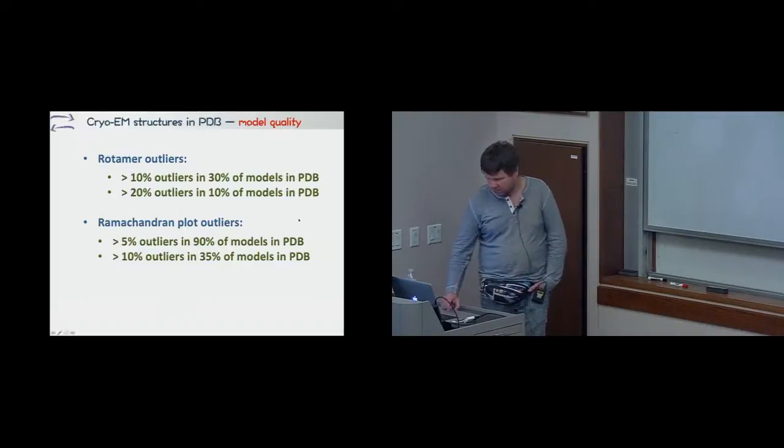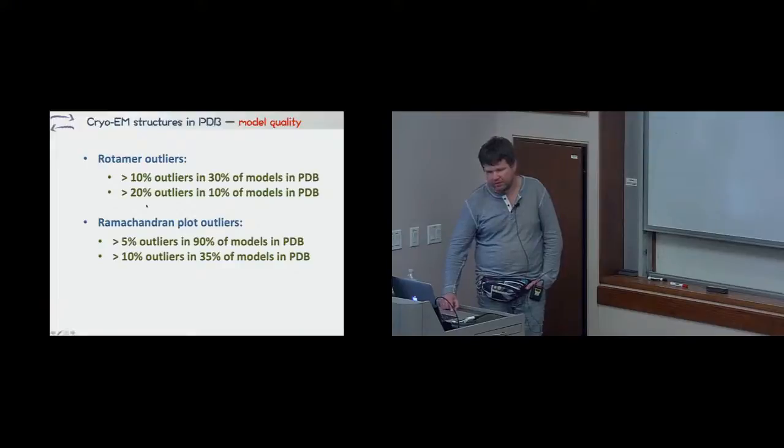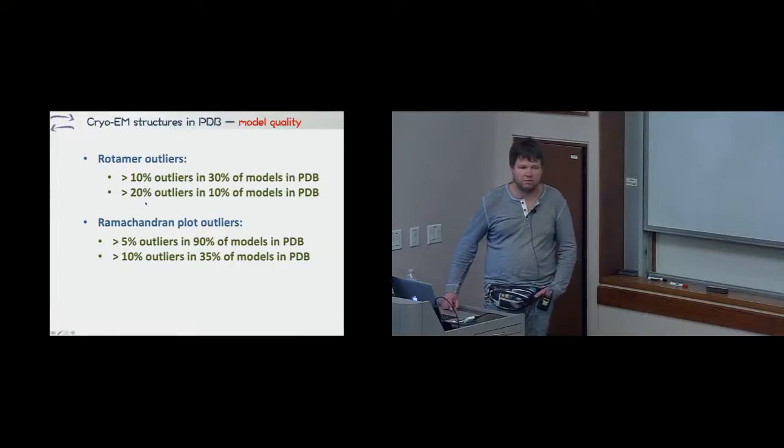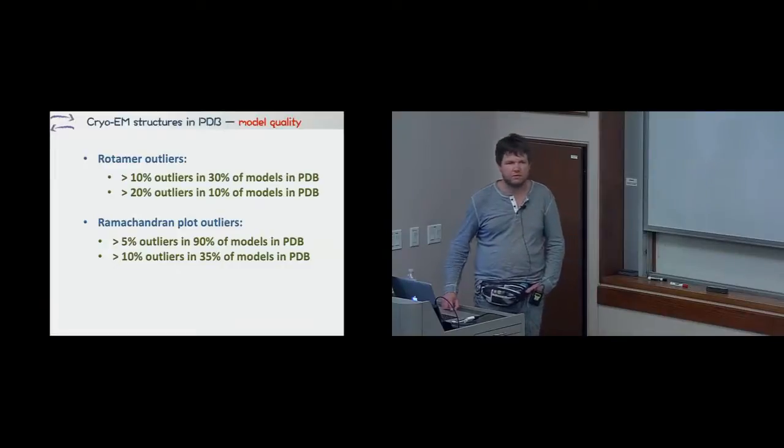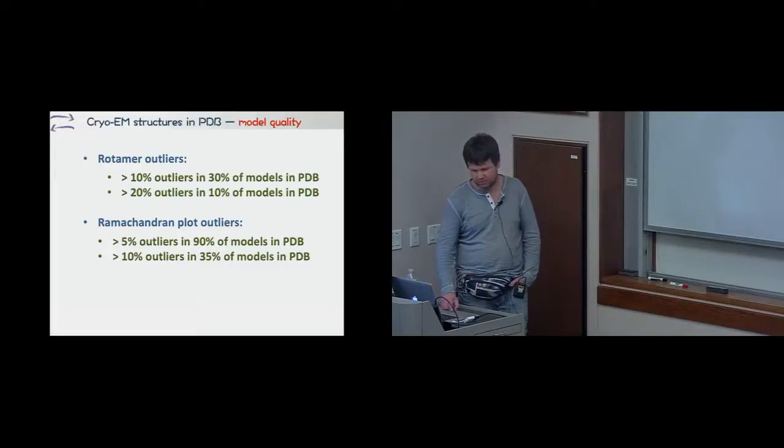Looking at all cryo-EM structures in the PDB, 30% of PDB models have 10% of Rotamer outliers, and 10% of PDB models have more than 20% of Rotamer outliers. Don't forget, we are talking about very low resolution. These maps will not justify any Rotamer outliers, so the goal here is to have 0.